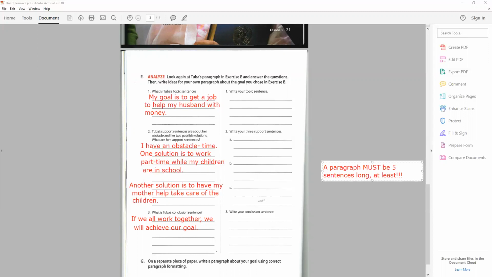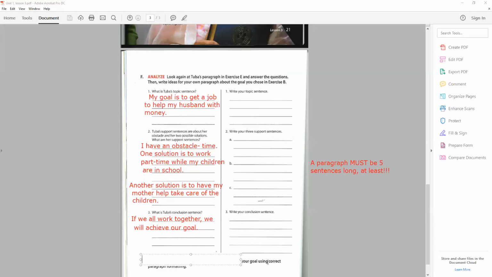It can be longer, but I need you to have at least 5 sentences. Once you put them separately in answers 1, 2, and 3, you are going to do G, where it says write on a separate piece of paper a paragraph about your goal using correct paragraph formatting. Using that, you're going to put your paragraph together.